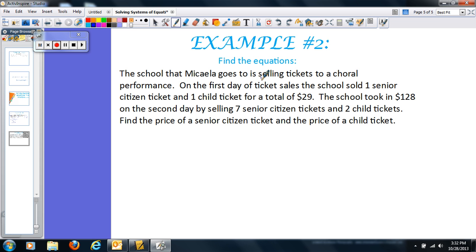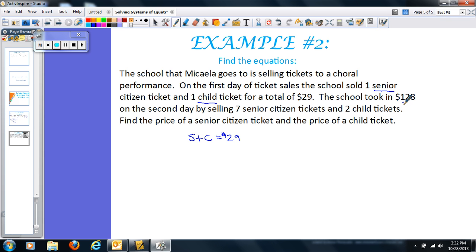So I'm going to get my variables from this. We sold 2 different types of tickets, a senior citizen ticket and a child ticket. They sold 1 of each, so it'd be S plus C, and they made $29. So here's my first equation.